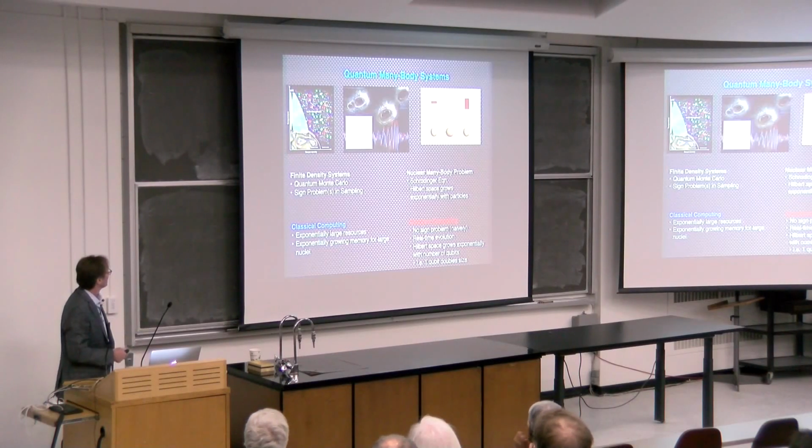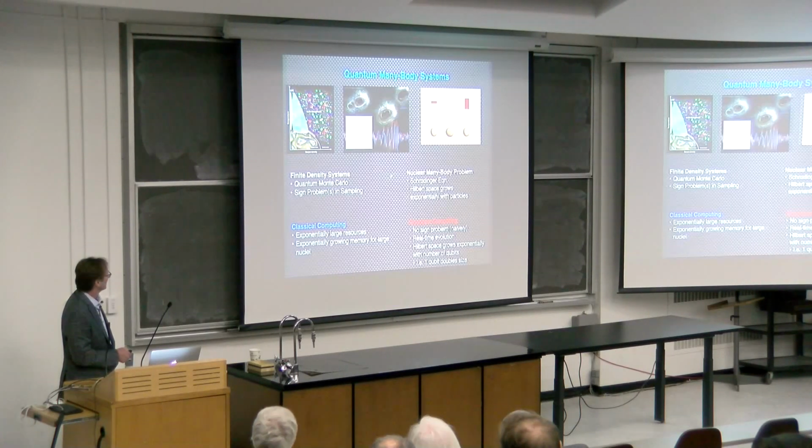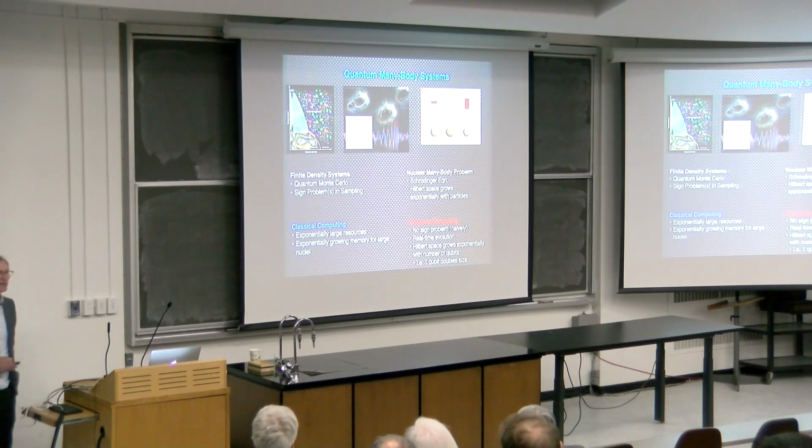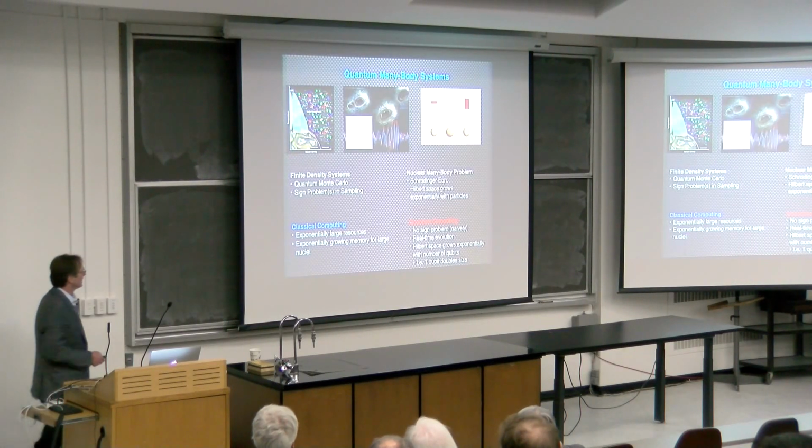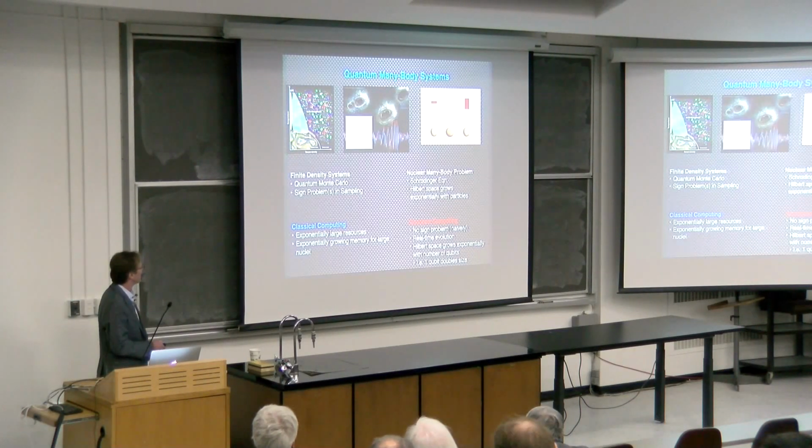let me just quickly go through this because I've explained a lot of it already. The finite density systems are typically tackled with quantum Monte Carlo, and in classical computing there are sign problems and sampling, and the technique used is the Schrödinger equation. As one increases the number of bodies, the Hilbert space grows exponentially. So the actual number of states that you have to consider in your computation grows exponentially with the number of particles.